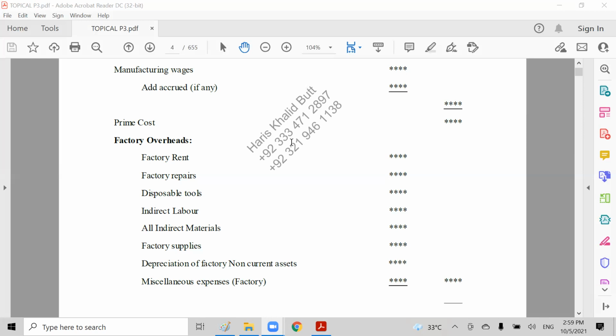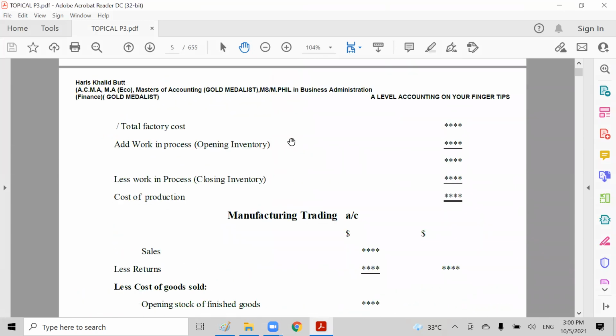Any other expenses which relate to the factory will come in factory overheads. If we add up all those expenses, we will get the total factory cost. So total factory cost is the combination of raw material and direct labor, which becomes prime cost. We add factory overhead, and we get total factory cost.